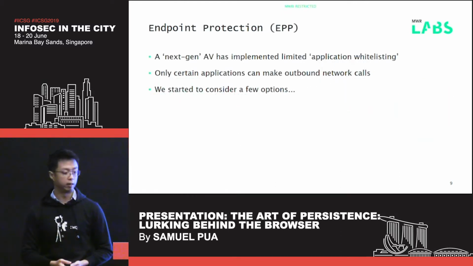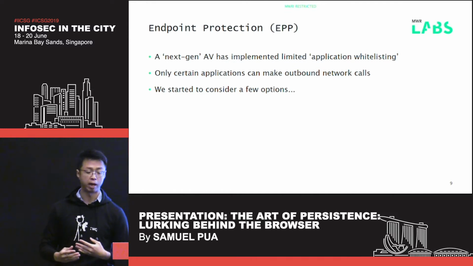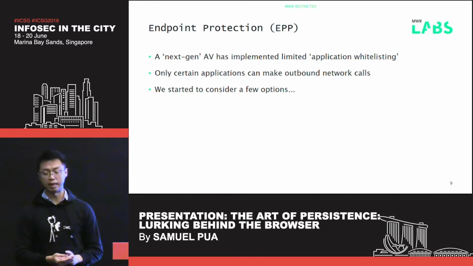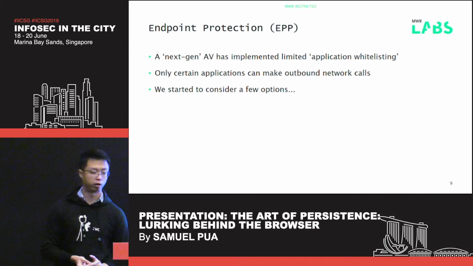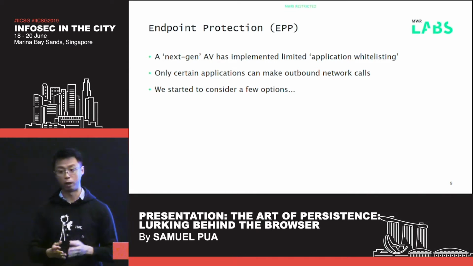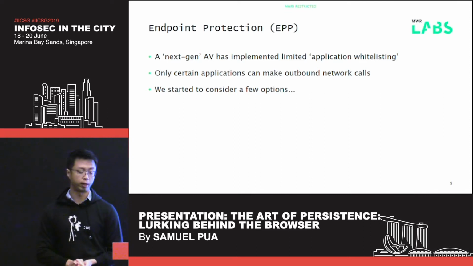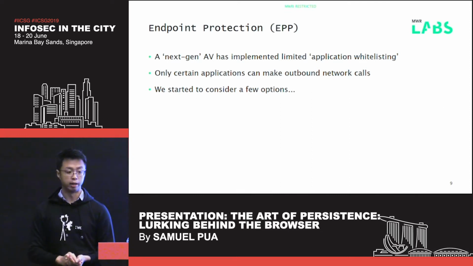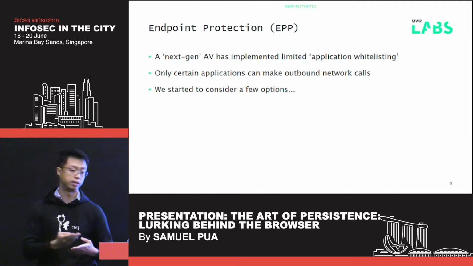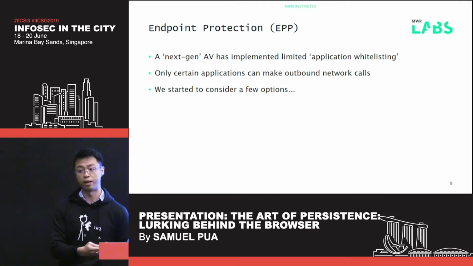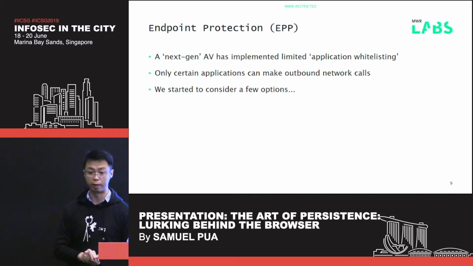So we suspect that a next-gen AV has implemented some kind of application whitelisting. It is likely not a signature because our payloads were not signatured. So we suspect there is some kind of limited application whitelisting. Only certain applications are able to execute or make outbound network calls, and that's why we're not getting callbacks from our stored payloads.